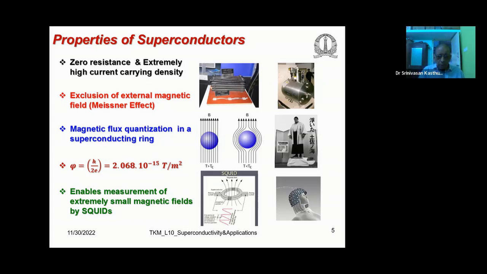So the SQUIDs can precisely measure the external magnetic field. Because of this, SQUIDs are capable of detecting extremely small magnetic fields, or magnetic flux quanta. That is possible with SQUIDs.